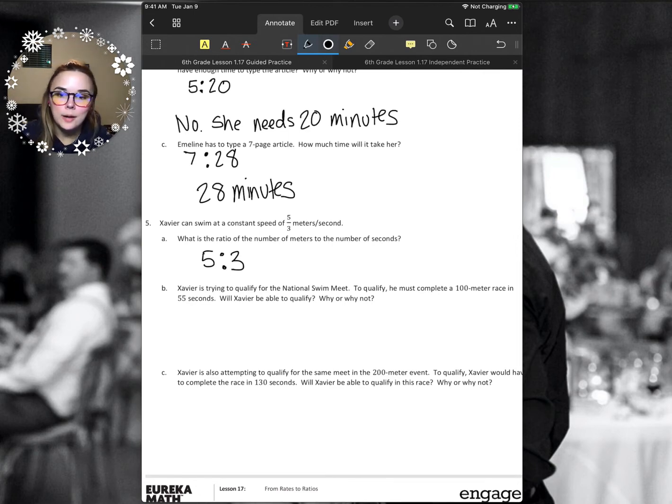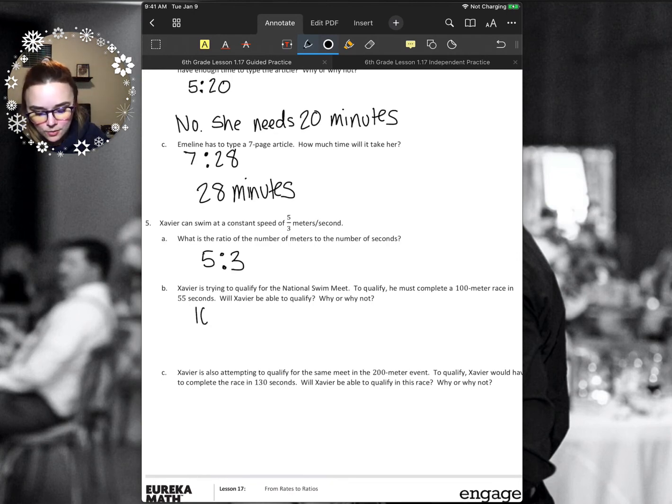Why or why not? So if we know that he can swim 5 meters in 3 seconds, we need to know how long it's going to take him to swim 100 meters. So what do we have to multiply 5 by to get to 100? So we have to multiply 5 times 20 to get to 100.